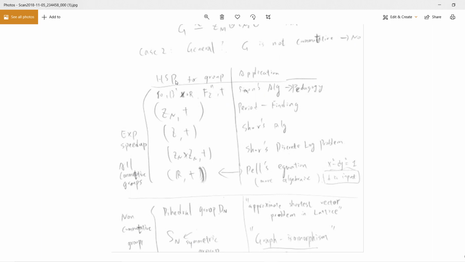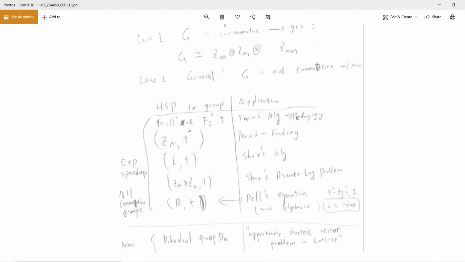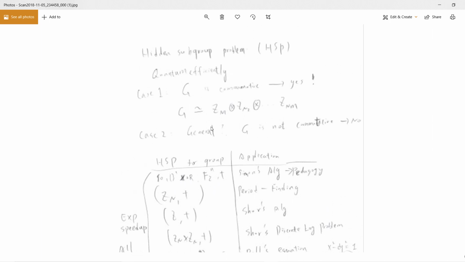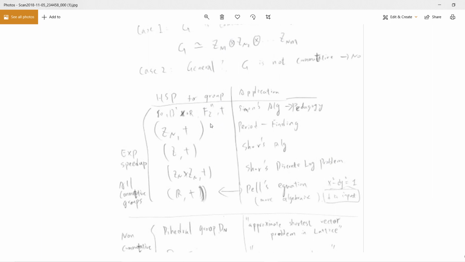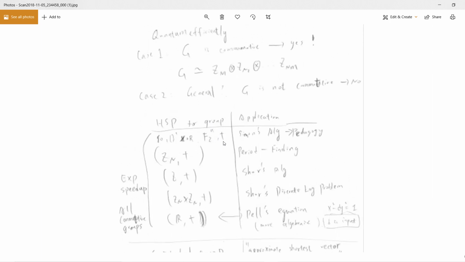For the first example, it's called Simon's algorithm. Your total group is the bit strings of length n, with addition forming a group, so basically your H is a subgroup of Z2 to the n.